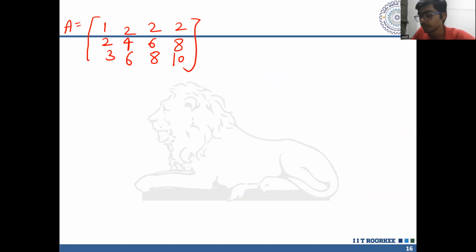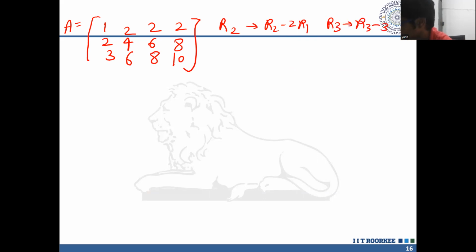For finding its null space, our first step is to convert it into echelon form. So what we can do is replace R2 by R2 minus 2R1 and R3 by R3 minus 3R1.